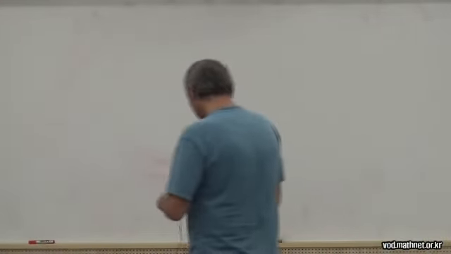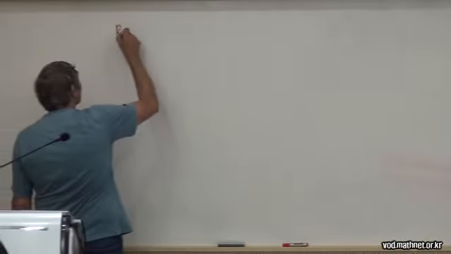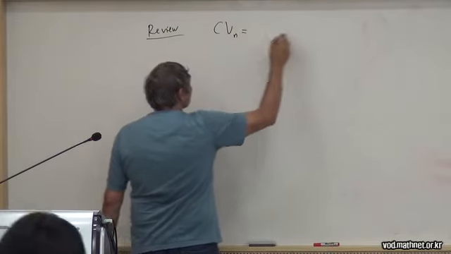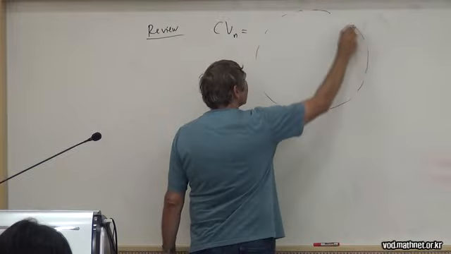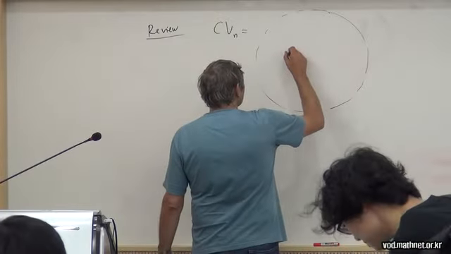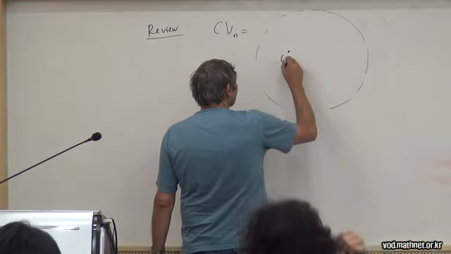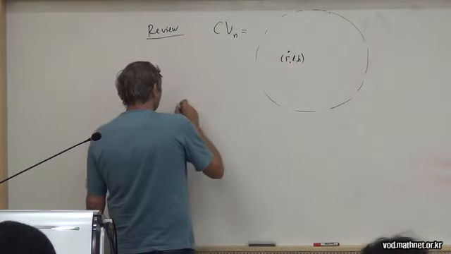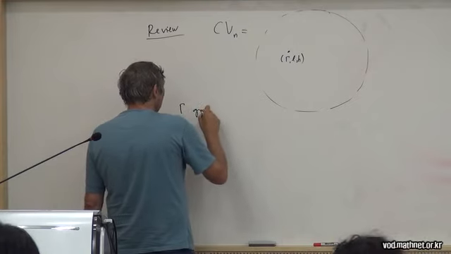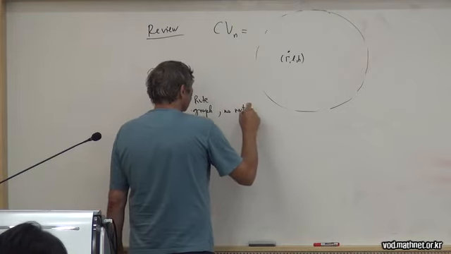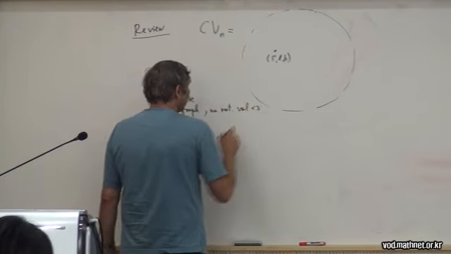Okay, so let's just quickly review what outer space is. We have CV_n, and you think of it as some kind of a big contractible space, and a point in it is defined by a triple: gamma, L, H. So gamma here is a finite graph with no vertices of valence less than 3.